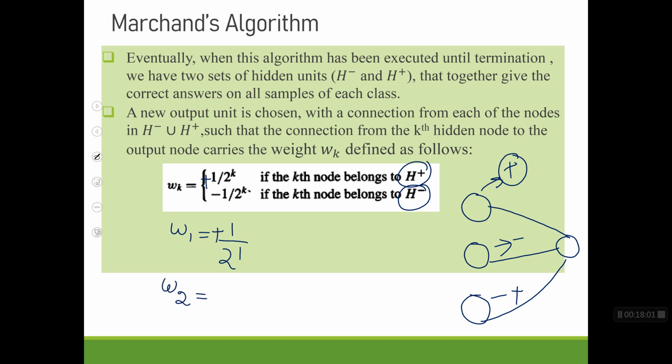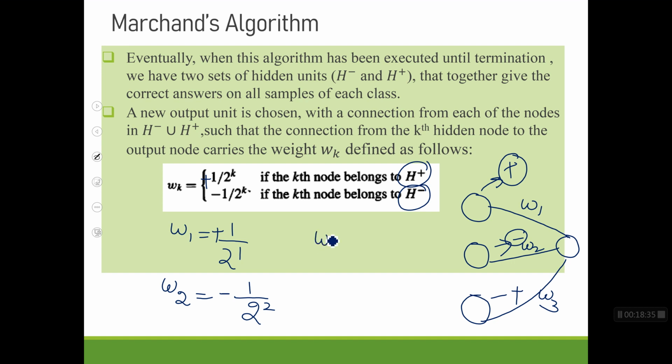Similarly, this will be omega 1, this will be omega 2, this will be omega 3. So what will be omega 2? The class is minus class, and it is the second node, meaning it will be 1 upon 2 raised to 2, with a minus sign, because it is classifying the patterns into the minus class.